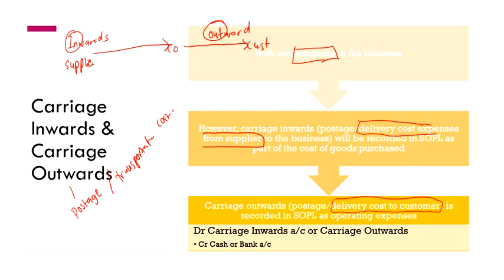Kalau dia ialah carriage inwards, in statement of profit and loss, kita akan recordkan dia part of the goods purchase. So dia akan masuk dalam goods ataupun cost of goods sold lah. Whereas kalau carriage outwards, we will record it as operating expenses.